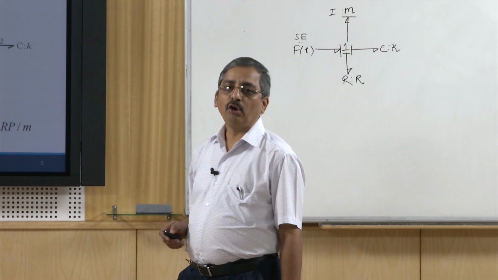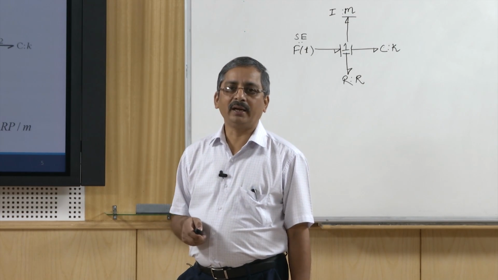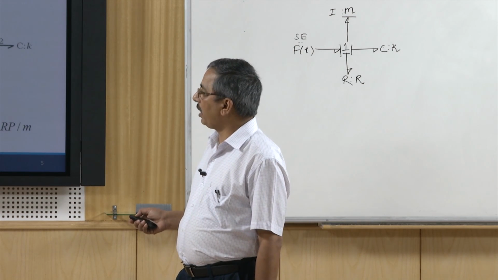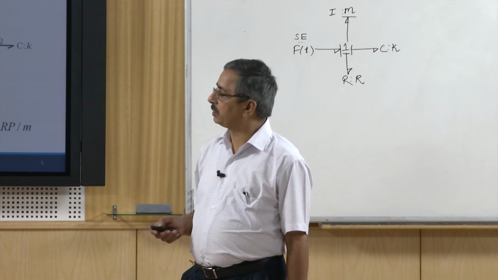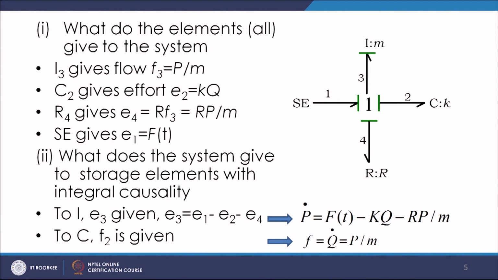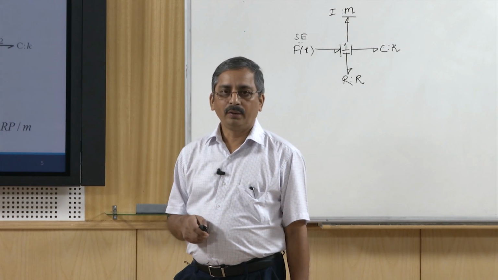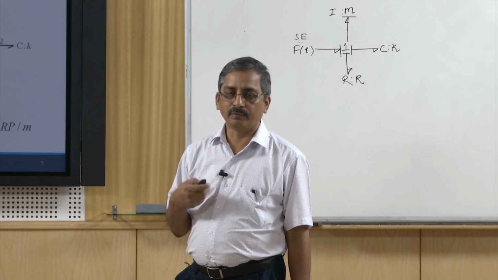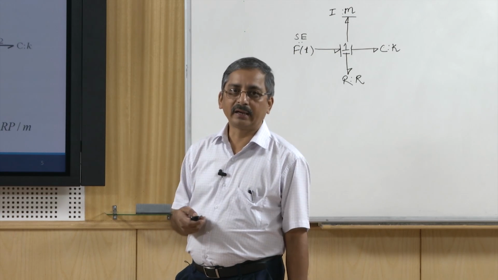Then we go for the implementation of the second logic, and the second logic is: what does the system give to the storage elements with integral causality? Okay. So, first of all we need to identify which are those storage elements who have the integral causality.